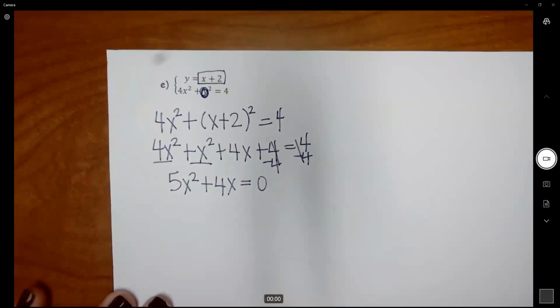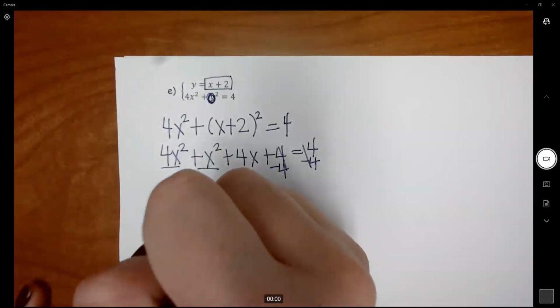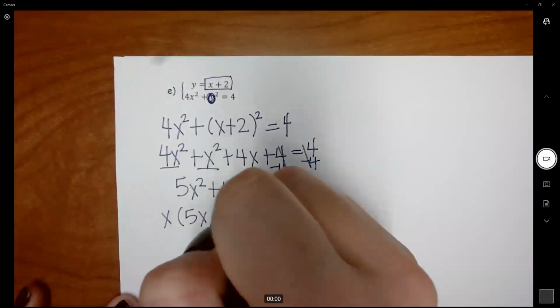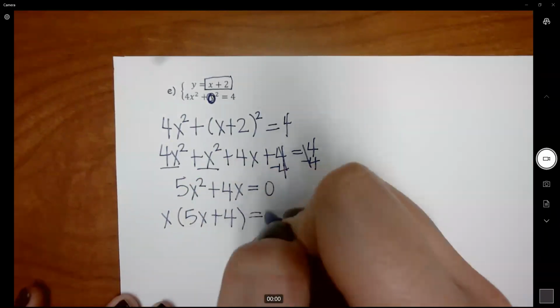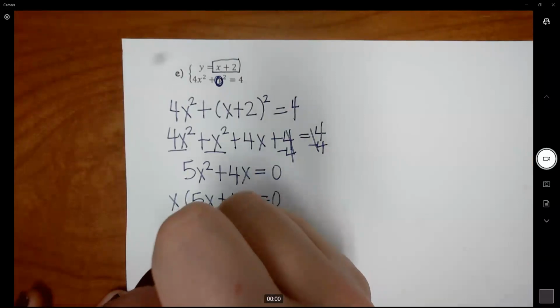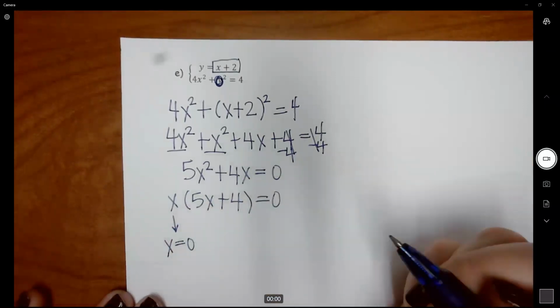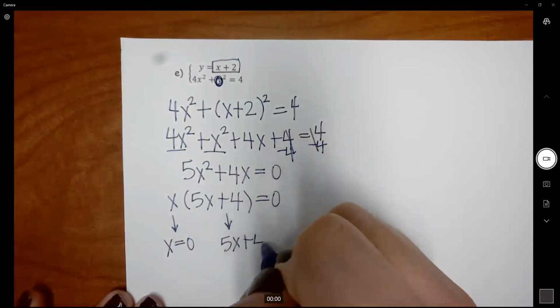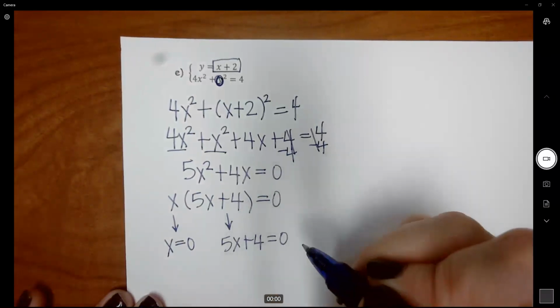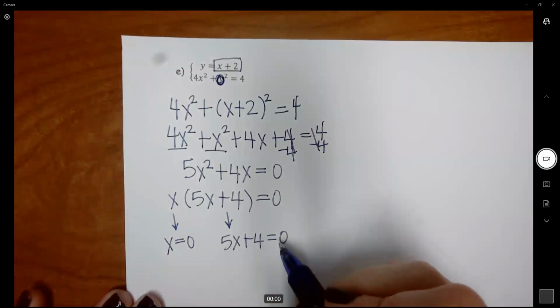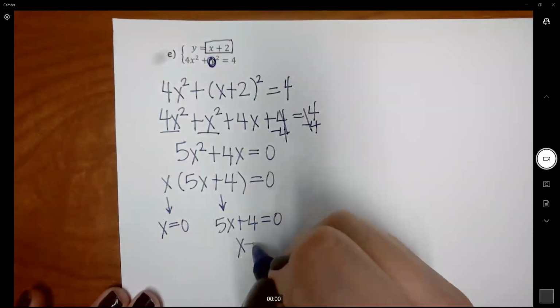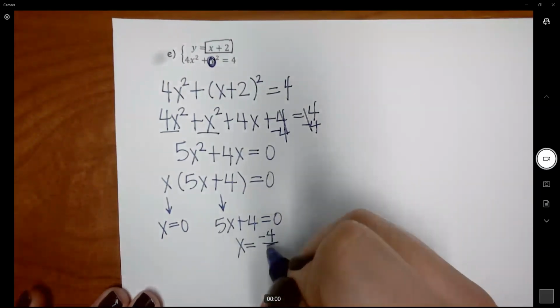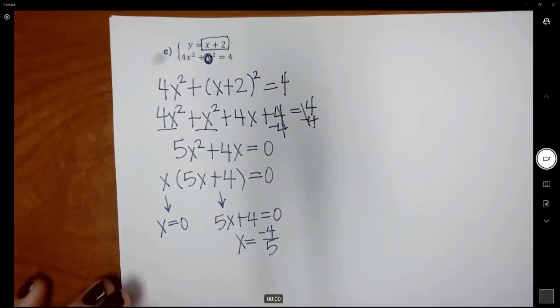Because it's missing c, we have a GCF of x, which leaves me with 5x plus 4. Here you get one solution when x equals 0. And here when I set 5x plus 4 equal to 0, I'm going to subtract my 4, divide by 5, and we get x equals -4 over 5.